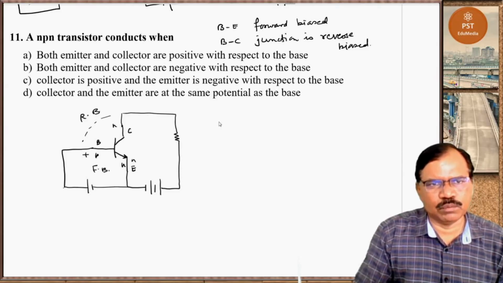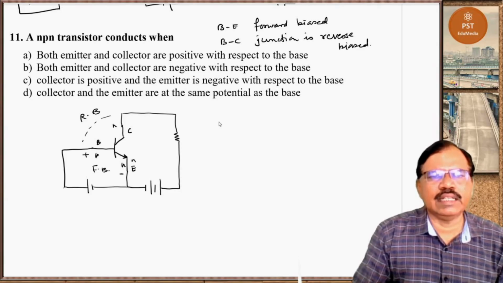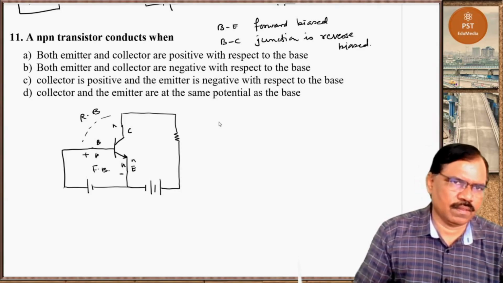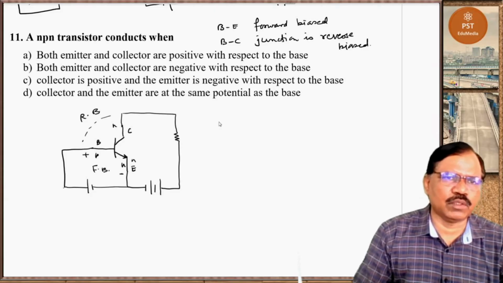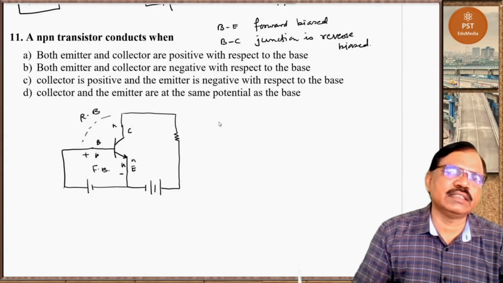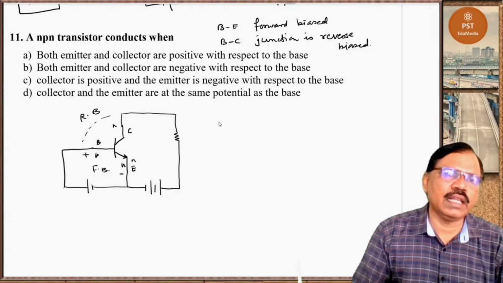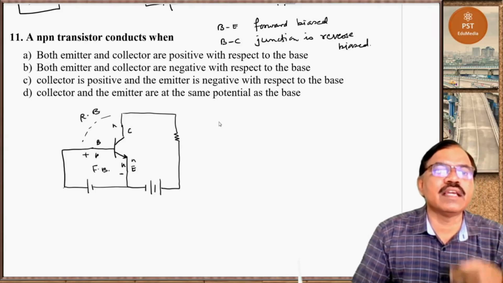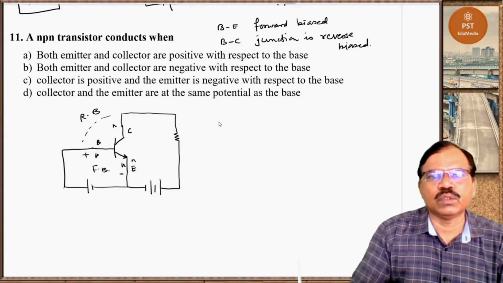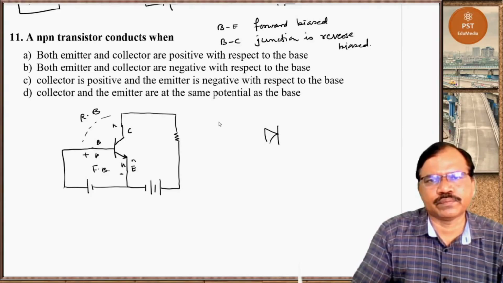Base is at positive potential, emitter is at negative potential. Now base collector junction is reverse bias, so collector must be at higher potential than base. So suppose we take here a diode. This is P, this is N.